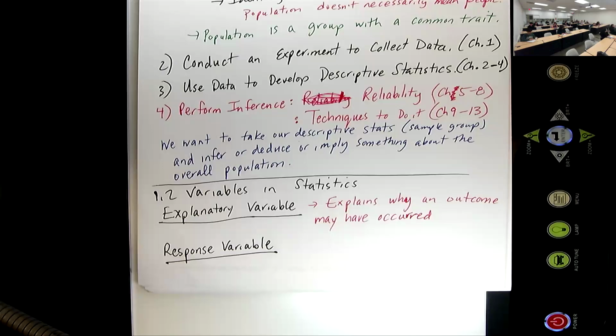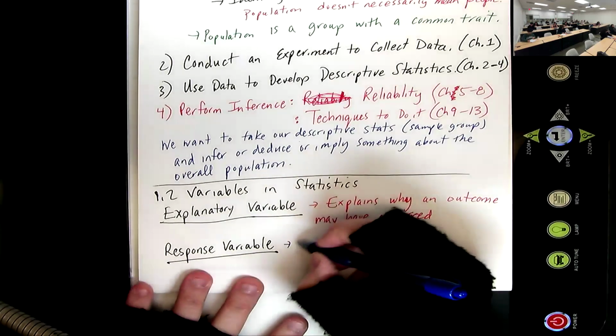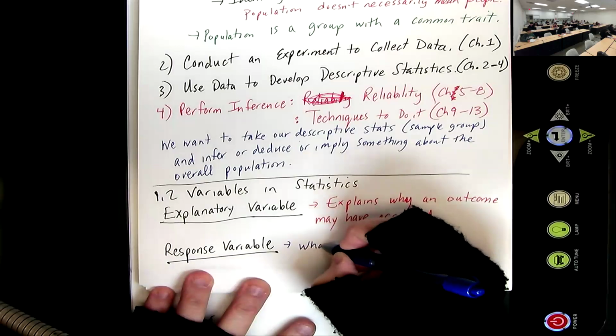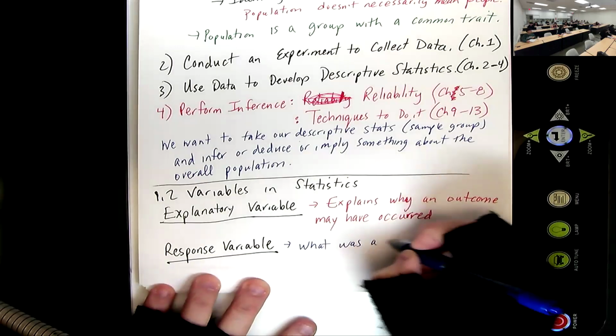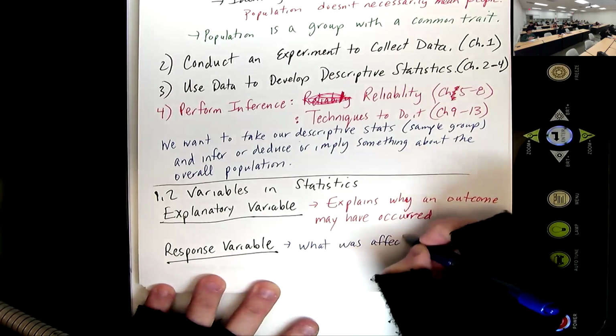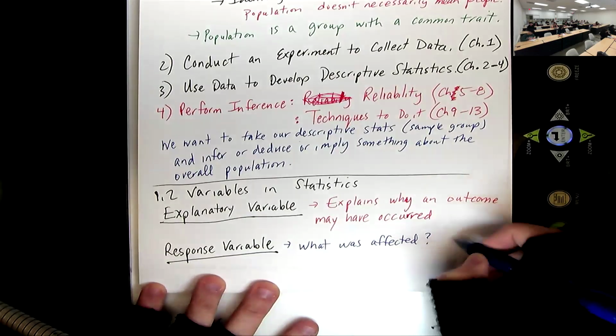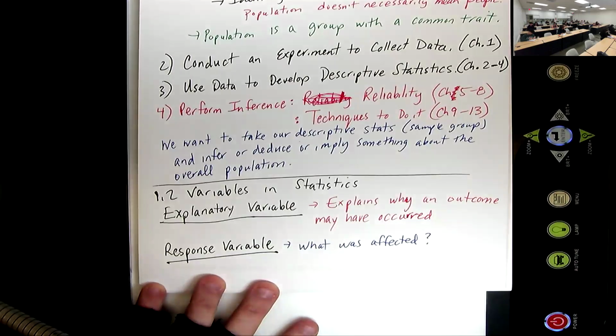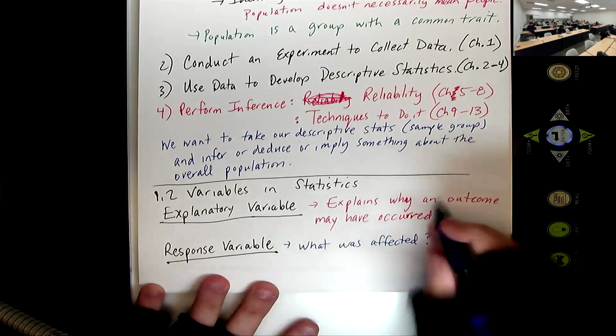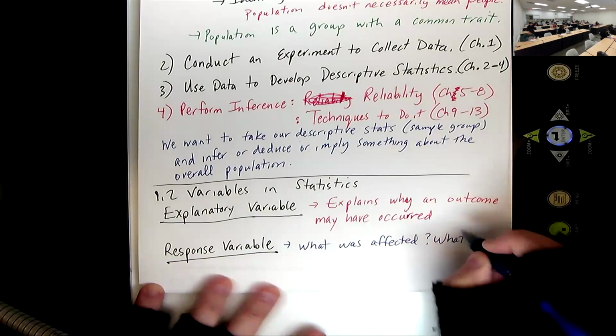The response variable was, what was it, what was affected? What outcome occurred based on the explanation?